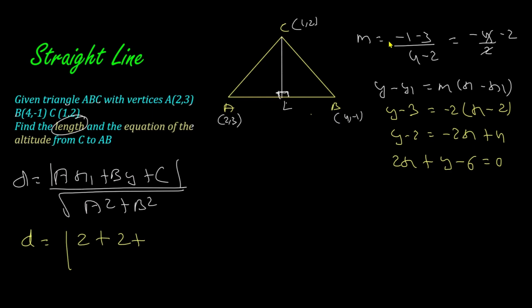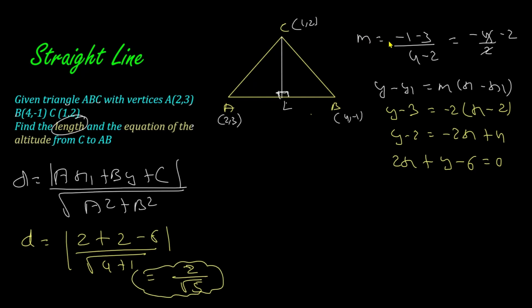So we'll be writing minus 6, whole modulus, under root a square plus b square. So it's going to be under root 2 square, which is 4, plus 1 square, 1. So we got the distance over here. That comes out to be how much? This is the modulus of 4 minus 6, that is minus 2, whose modulus is 2, divided by under root 5. You may rationalize it and write down the answer for the first part, that is the length.